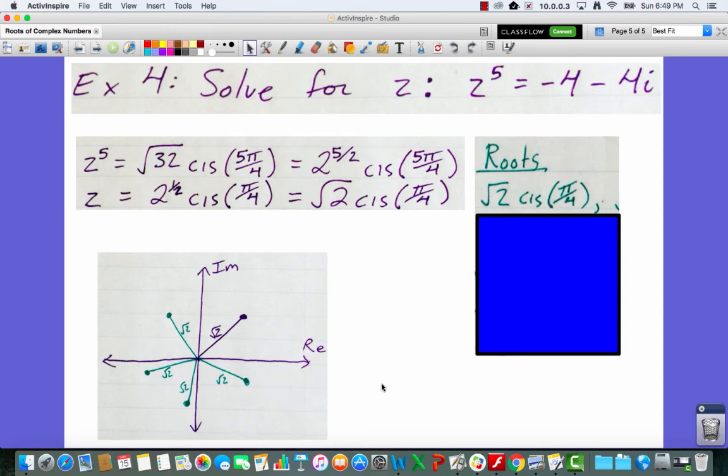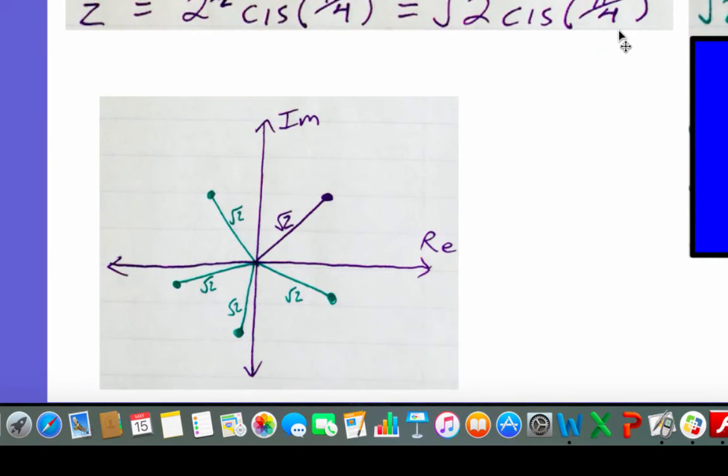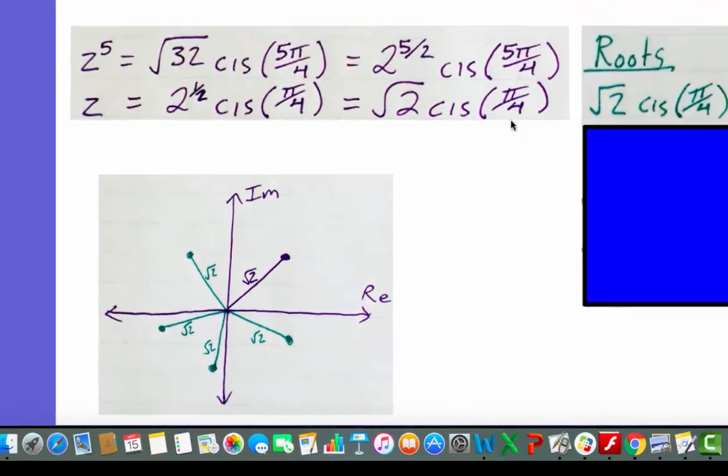Now I'm moving to the complex plane, and this first root here in purple is the one that I just found. Now, since these are equally spaced around a circle with radius square root of 2, and that circle all the way through would have angle measurement 2 pi, I'm going to divide 2 pi by 5, and then add that to the argument pi over 4.